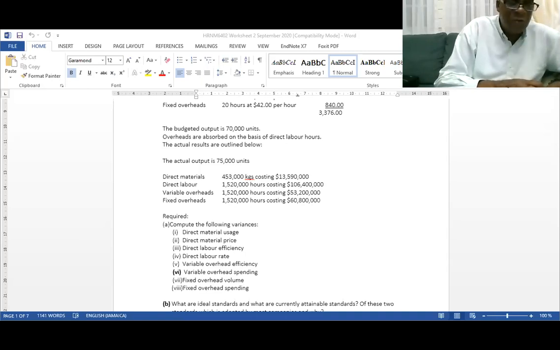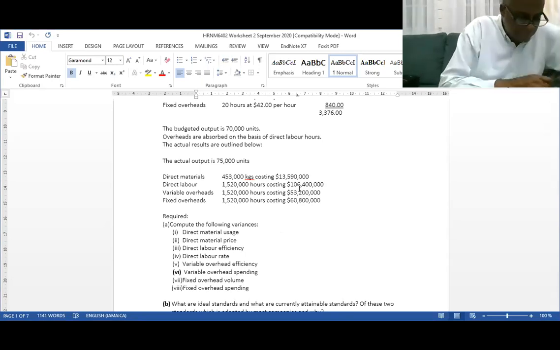Standard hours for actual production, that was the 1,500,000, 20 times 75,000, minus actual hours, close brackets, multiplied by standard rate per hour.